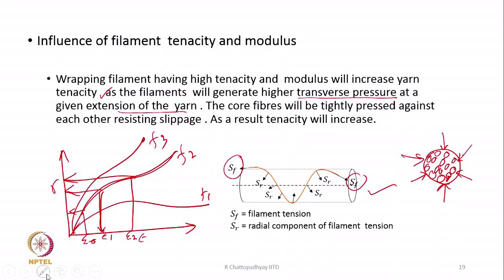So, the nature of the curve is going to decide the magnitude of this radial pressure which will be generated, and therefore, how tightly the fibers will be held together will also be decided by the nature of this filament, especially their stress strain behavior or load elongation behavior.